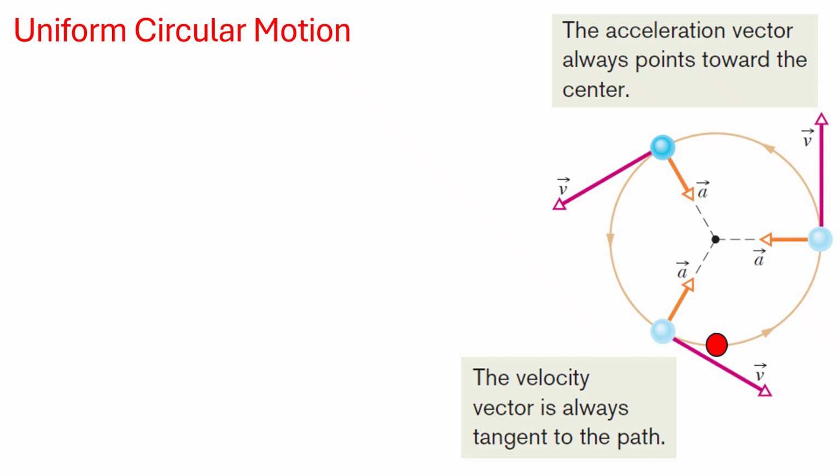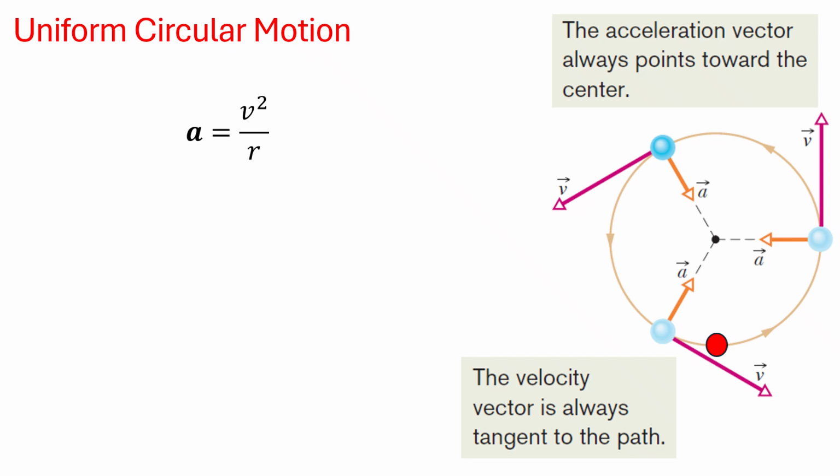Because of this, the acceleration associated with uniform circular motion is called centripetal, meaning center-seeking acceleration. As we prove next, the magnitude of this acceleration is a equals v squared upon r. We are going to prove this.